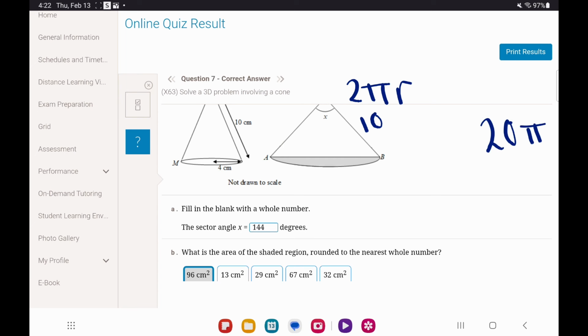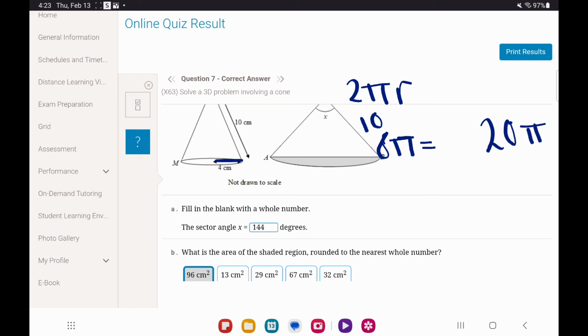Now we need to find the circumference of this one, which is 2 pi r also. And for this cone diagram, the radius is 4. So 2 pi 4 is 8 pi. So 8 pi is equal to, this here, the 8 pi is AB.